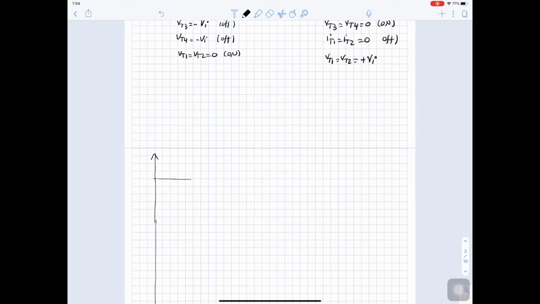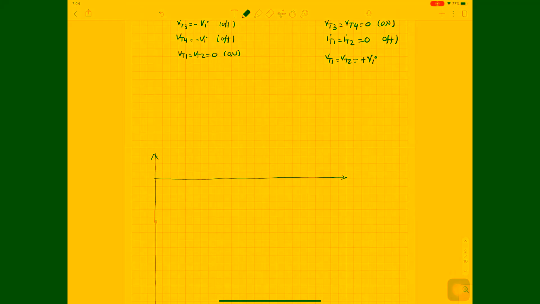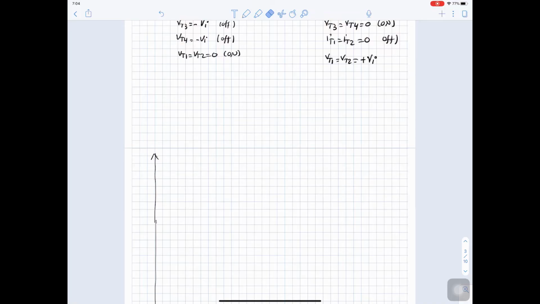So let's start with Vn. Here I will try to expand the waveform a little bit so you can see it.